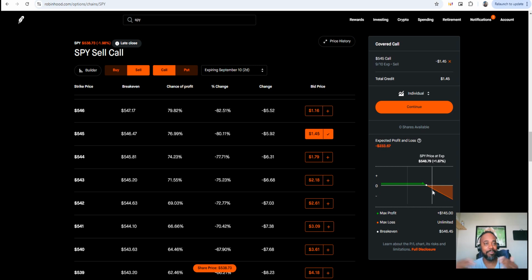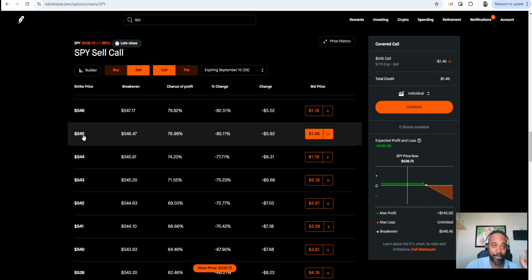Now, if it goes above $545, now your premium is going to start to get eaten up. And let's say expiration comes, now you're going to be forced to sell your shares, but you will still be in profit minus the premium that's going to be deducted from the movement going past what your strike price is, which is $545, if you hold it to expiration. Now you can always buy your way out of the position if you want to get out.